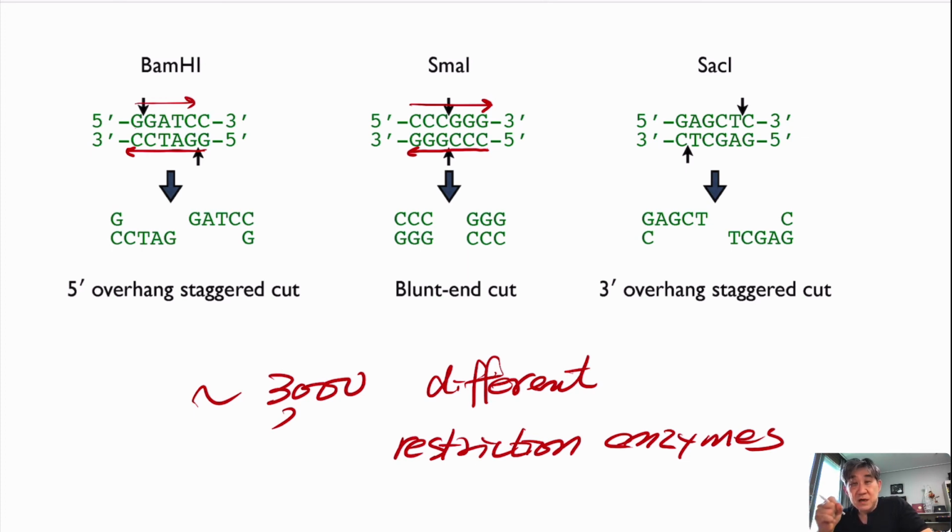Once you discover a particular restriction enzyme from a bacterium, you isolate the gene that makes that restriction enzyme, and then you exploit that gene to make many such proteins, and then you utilize them. The value of any restriction enzyme is that you can use different restriction enzymes to cut different areas of the DNA at your will.